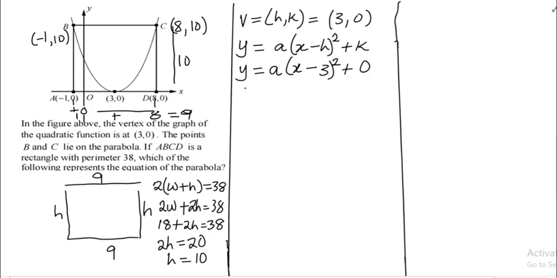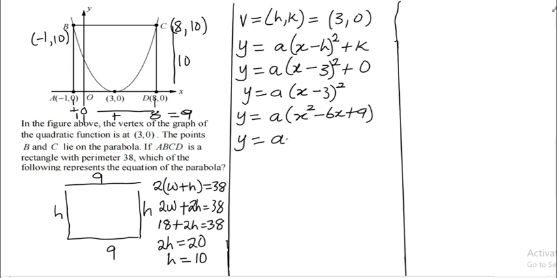So we have y equals a times (x minus 3) squared. If you expand this expression, you have y equals a times (x squared minus 6x plus 9), so opening it with a, you have ax squared minus 6ax plus 9a.